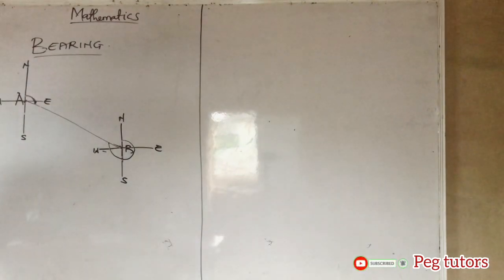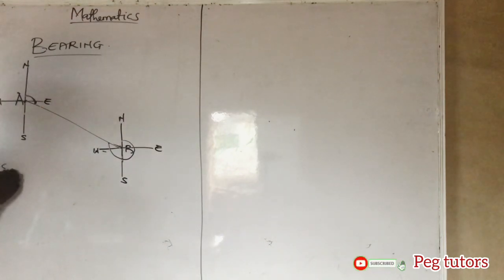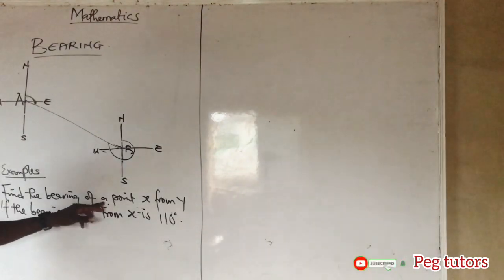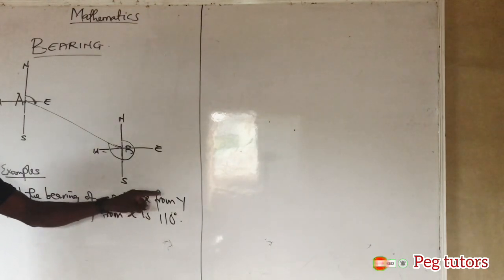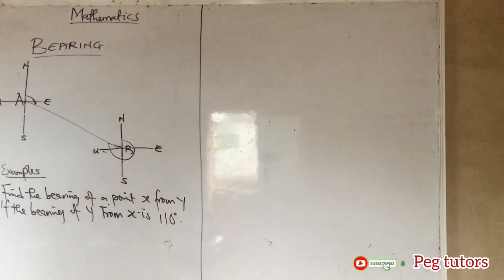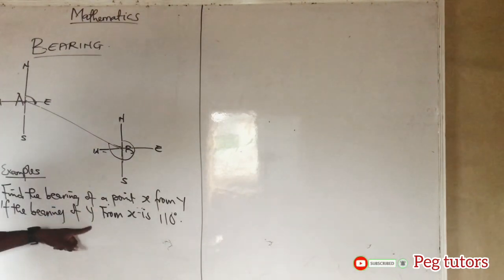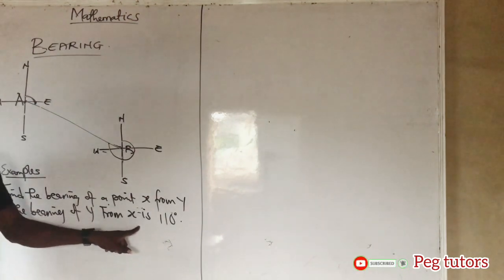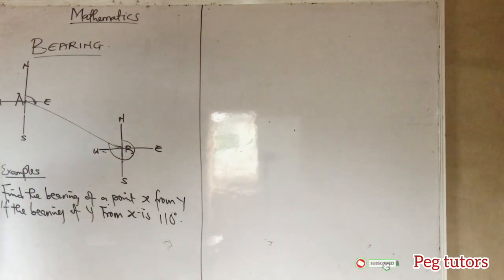Now let's try an example. Find the bearing of a point X from Y, which means you are going to stay in Y to get the bearing of X, if the bearing of Y from X, which means if you stay in X, the bearing of Y is 110 given to you.